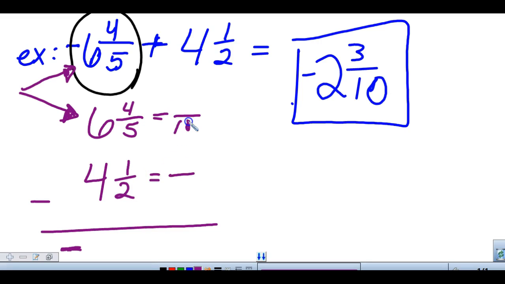This common denominator is 10. 5 times 2 equals 10. So therefore, the new numerator in the top one is 8. 2 times 5 equals 10 down below. So the new numerator is 5.